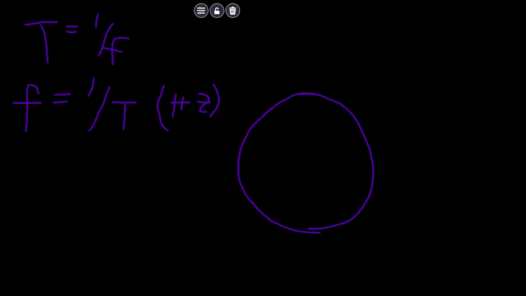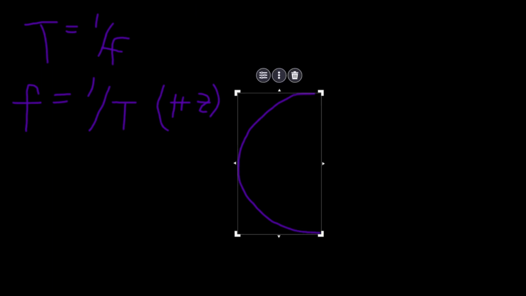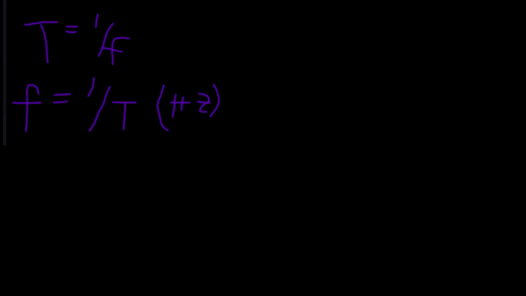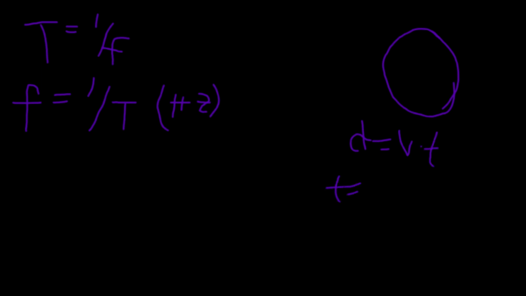So let's get some more solid equations here. Using our circle analogy, we can start out with saying distance equals velocity times time. Time is going to be our period, which is going to equal distance divided by velocity. The distance the object is traveling is the circumference of the circle.